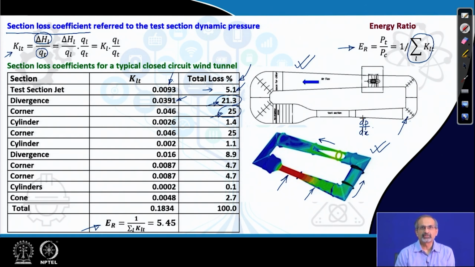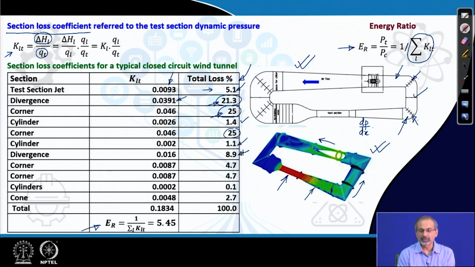Then it moves through several sections, the cylindrical section that follows, where the losses have reduced, and then again at the corner the losses are similar to what happened here. Then it moves into another cylindrical section which also acts as a transition section, moving from a rectangular to a circular section. The losses are lower.